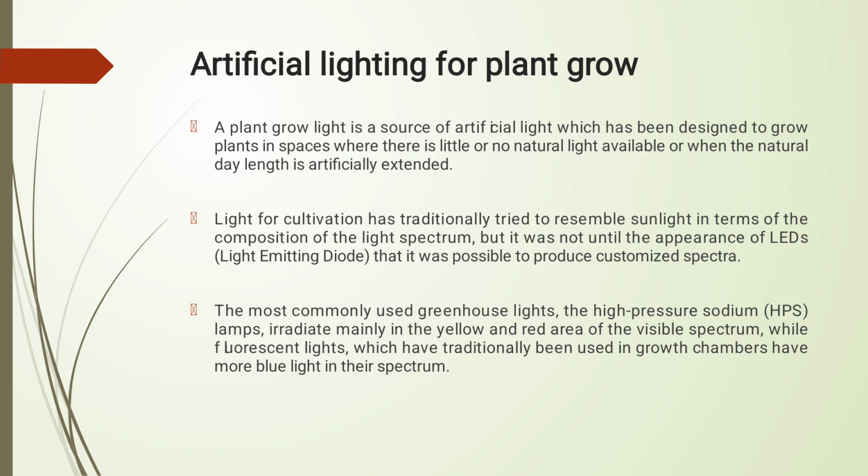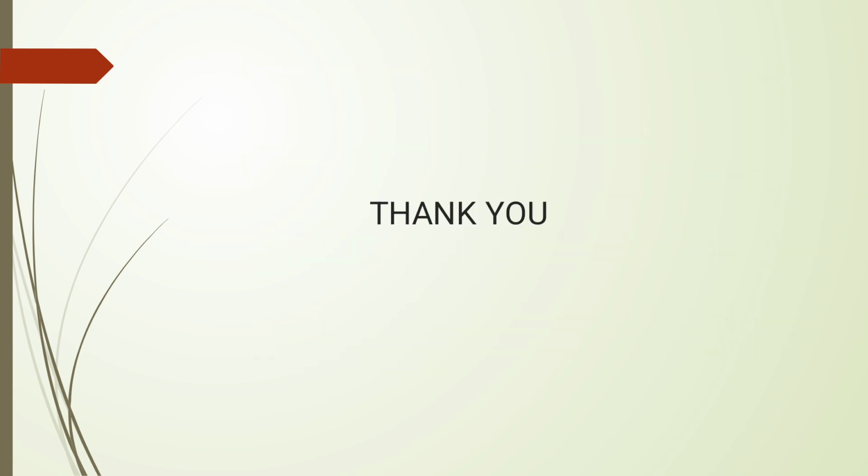The most commonly used greenhouse lights, high pressure sodium lamps, irradiate mainly in the yellow, green and red area of the visible spectrum, while fluorescent lights, which have traditionally been used in growth chambers, have more blue light in the spectrum. Thank you.